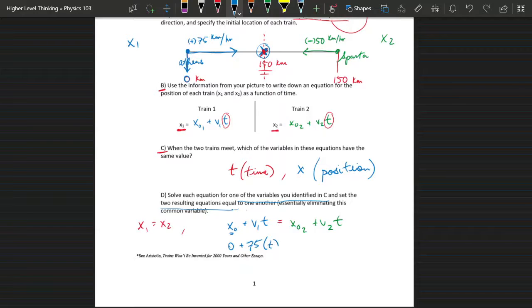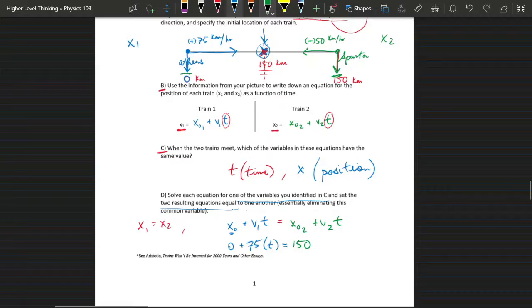And we don't know how much time has elapsed when they end up meeting each other at the spot. So then that is equivalent to the starting position of the Sparta train, which we said, if that's 0 for Athens, then this one has to be 150, since we put the two cities on the endpoints of this 150 kilometer line. So we'd say the starting position here is 150 kilometers.